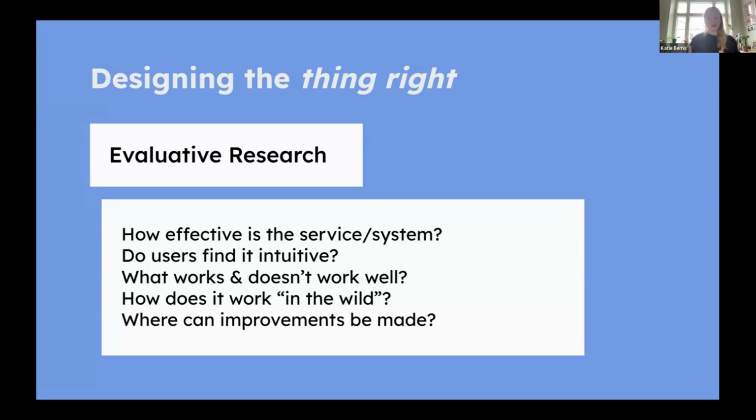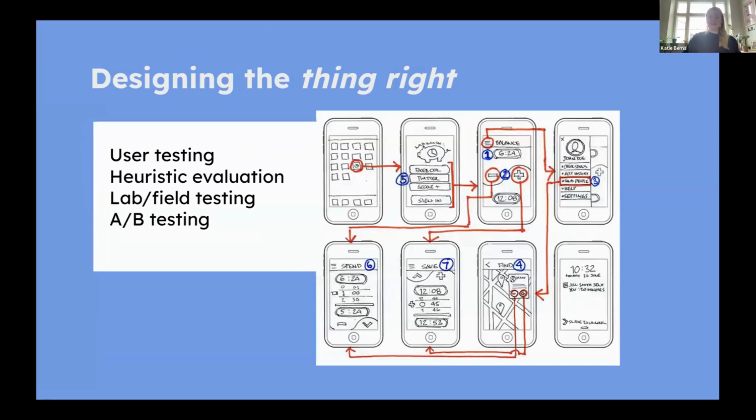You're always trying to improve it, tweak it, work with feedback from users. But as you can see, it's really a very different part of the process of user experience research and design. Even though it's weaved into the iterative process, the goals of what you're trying to achieve are really quite different.